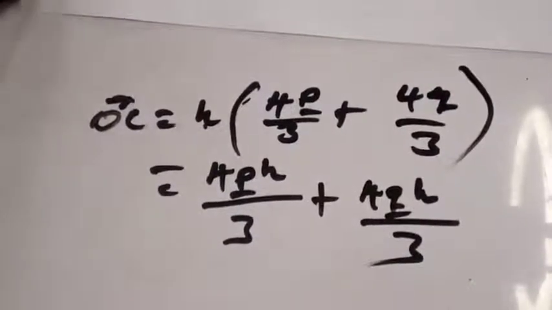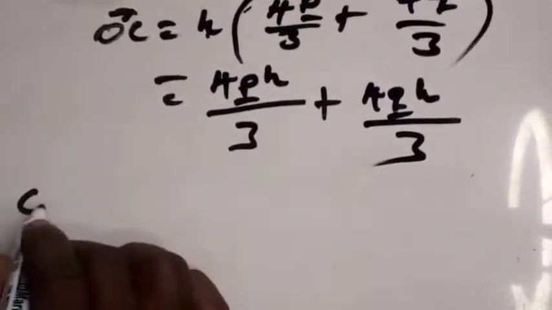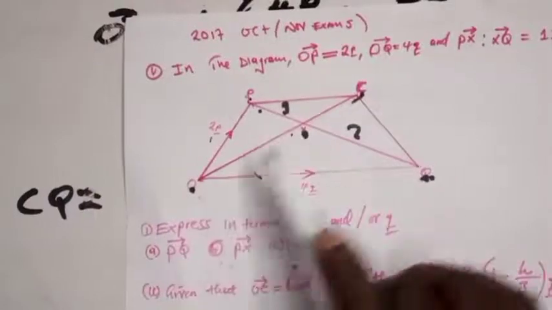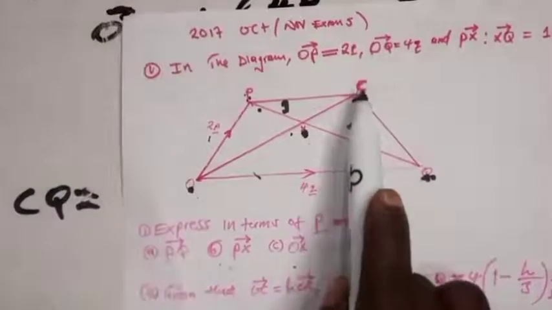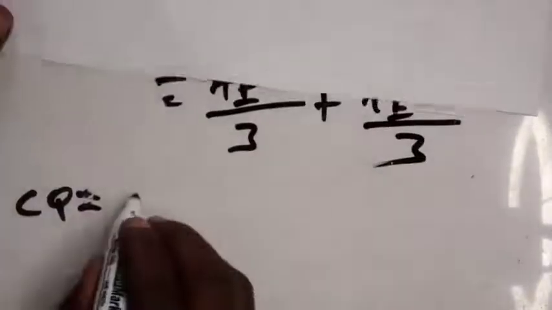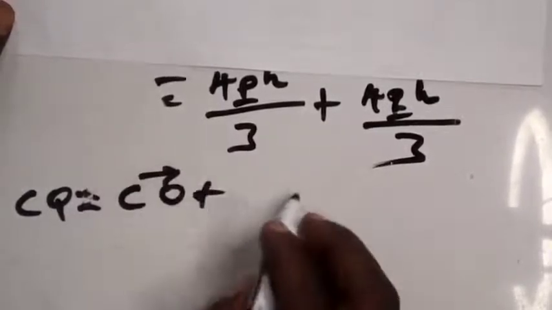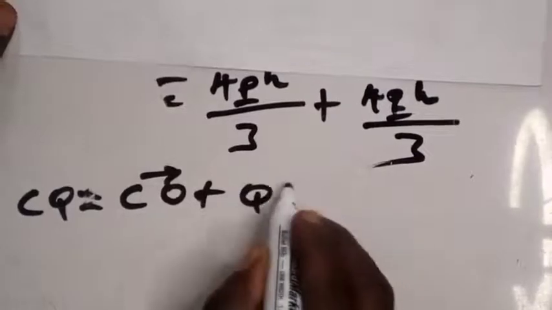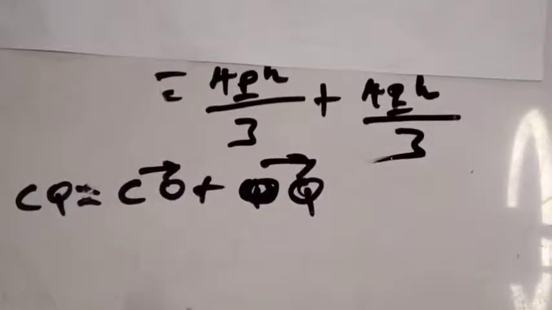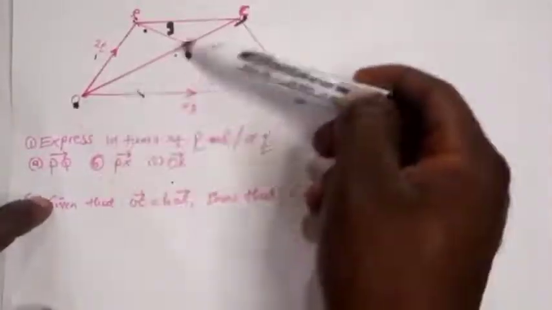Then let's find CQ now. CQ is easy: CO plus OQ. Because we are moving in different directions, OC will be negative.